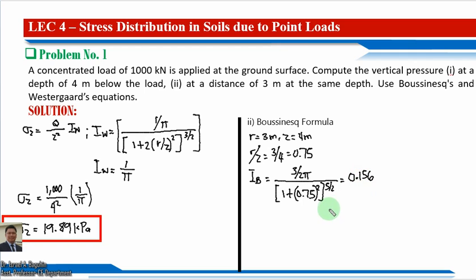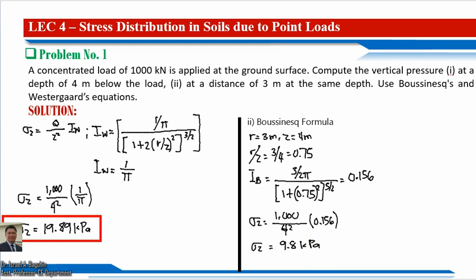And then for our vertical stress sigma z, it is just equal now to our q, which is 1000, over the z squared, which is 4 squared here, times this 0.156. So we have now our value of sigma z, which is equal now to 9.8 kilopascal.